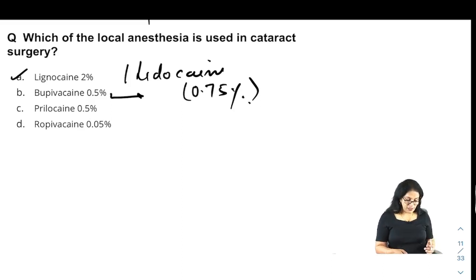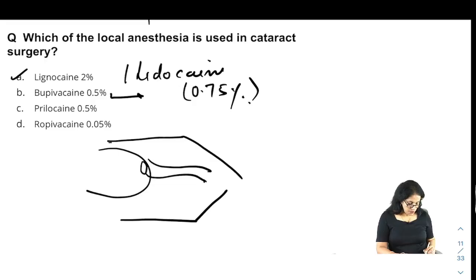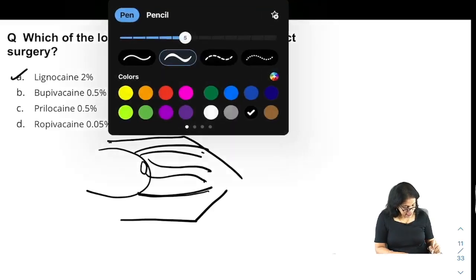Don't forget, when you're talking about anesthesia, I hope you know where you give a peribulbar and where you give a retrobulbar. See, I'm making life very simple. This is the optic disc, this is the optic nerve, right? And these are the muscles attached. When I am saying peribulbar, it is outside this muscle cone.